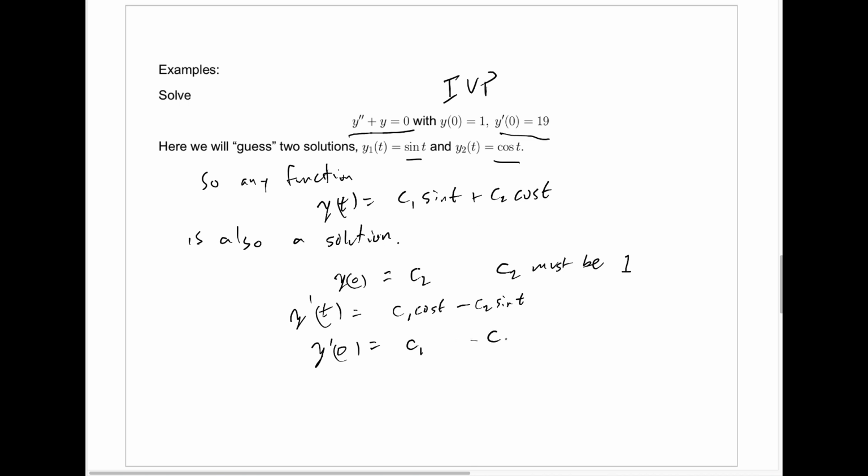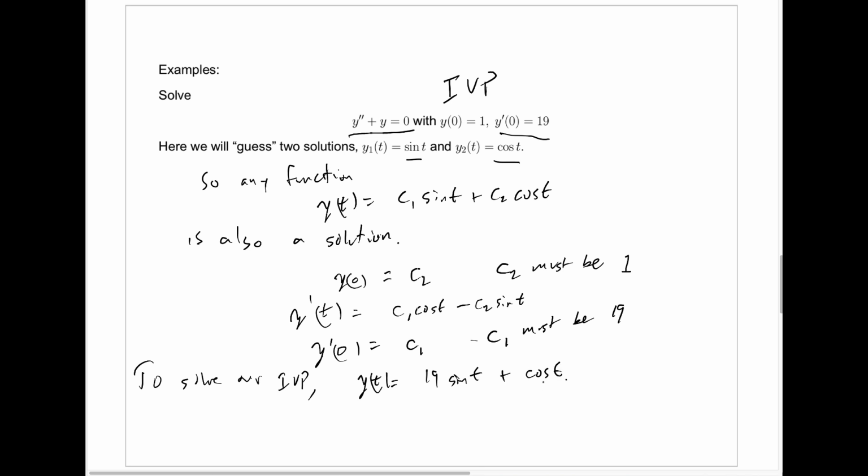So c1 must be 19. In other words, to solve our initial value problem, we have a solution, y of t equals c1, which is 19, sine t plus c2, which is 1, times cosine t.